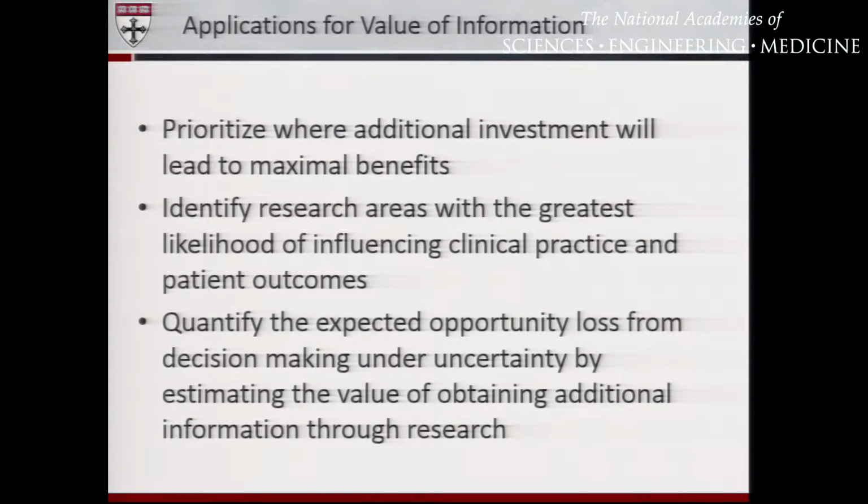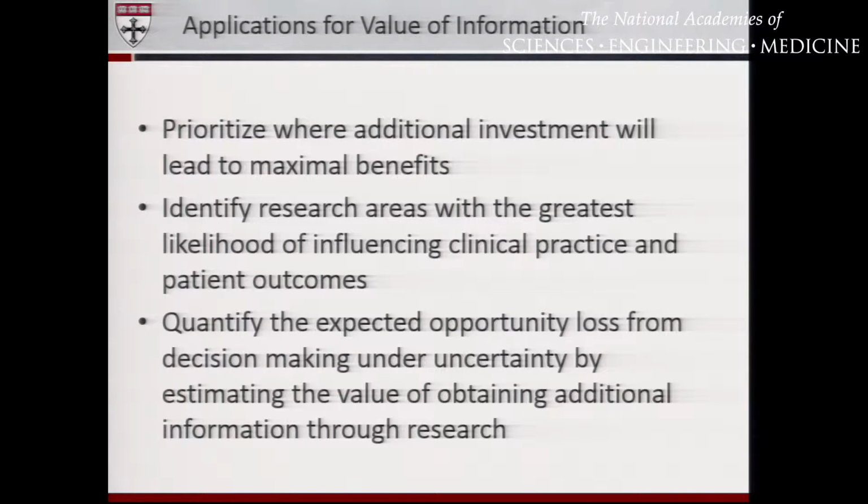And really, we call these techniques value of information techniques because it really quantifies the value of the information. It allows us to prioritize where additional investment is really going to lead to maximal benefit and identify those areas that have the greatest likelihood of influencing clinical practice.